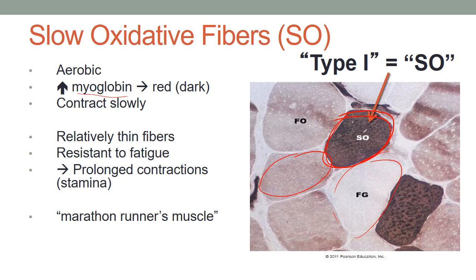It's relatively thin, so it's not very strong, but it's got all that myoglobin. It's very good for prolonged contractions. So this is sometimes nicknamed the marathon runner's muscle because it can keep contracting over and over again at a relatively slow rate for a very long time.